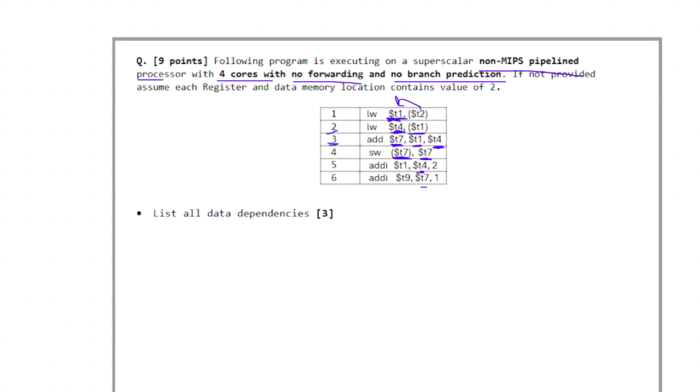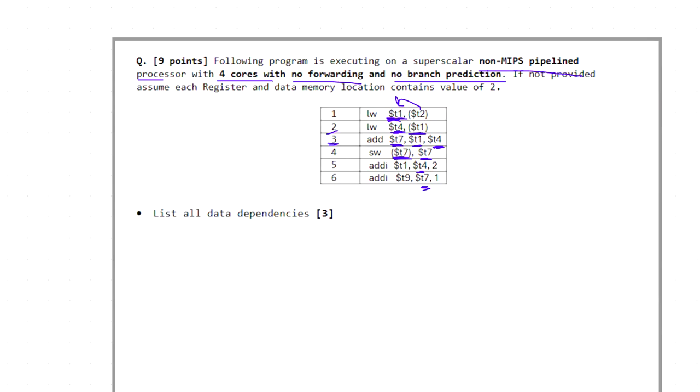What is a memory address and what is a register? I need this value of T1 to find out what this memory address is, but this memory address will not affect this register. It's like a one-way door. I can go from the memory address to the register, and that affects it.